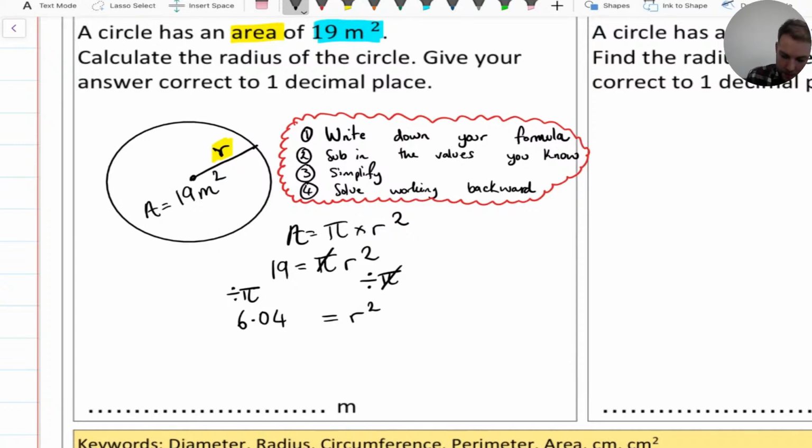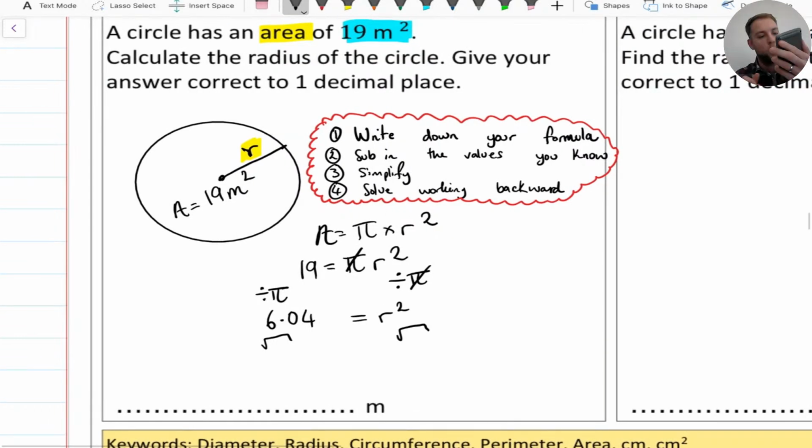And then the last little part: we need to get rid of that squared by square rooting both sides. Now if it was me, I'm going to do square root of the answer. So the 6.04, you could put 6.04 in. Remember the square root button is the one which is to the left of the squared button. So I'm doing the square root of 6.04.